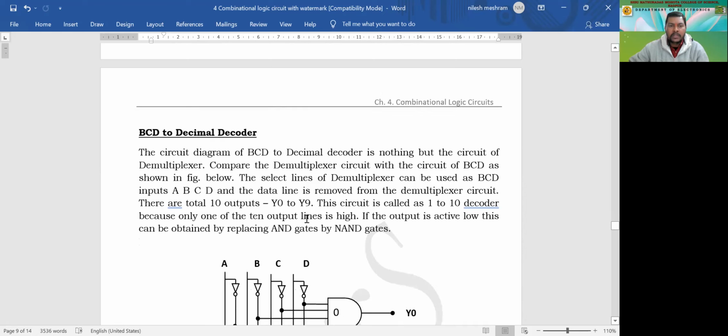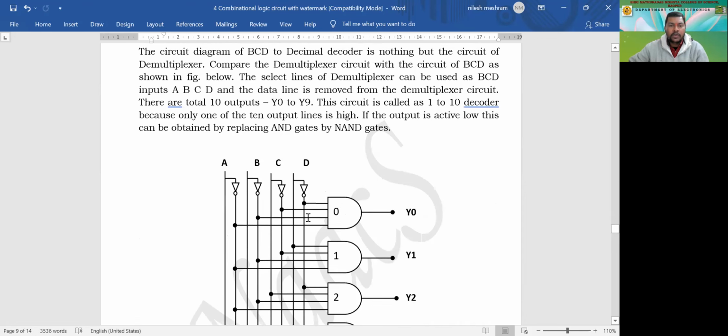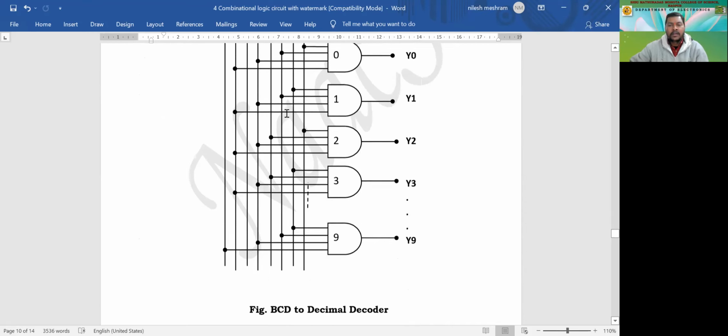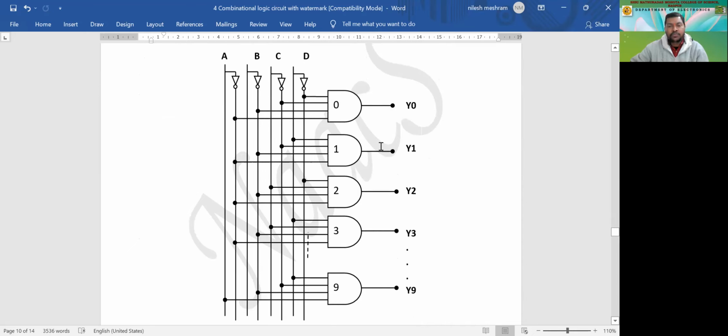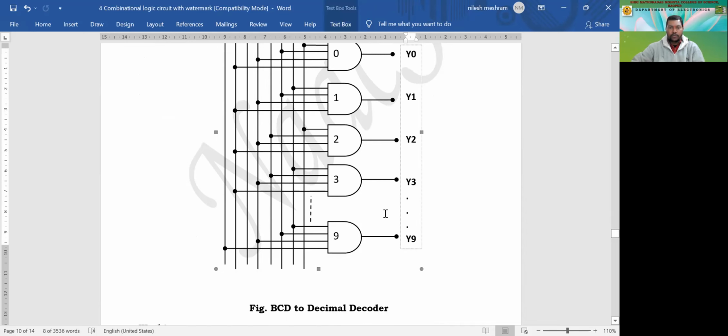Now for the BCD to decimal decoder, we will be using 4 inputs like this, and you'll have 10 AND gates, 1, 2, 3, 4 up to 10, as it is shown over there. I guess it is visible to you. Only the 0, 1, 2, 3, 4 gates are shown, the rest are put in as dots.